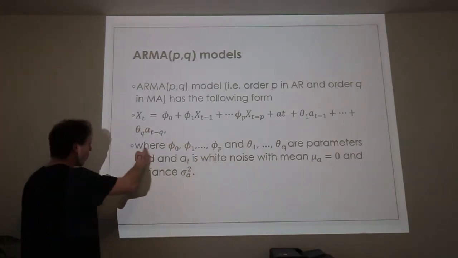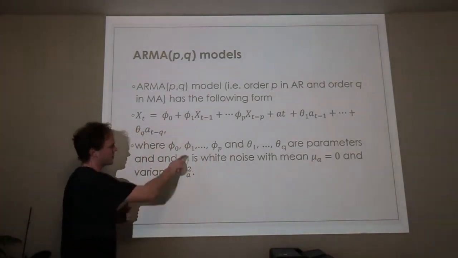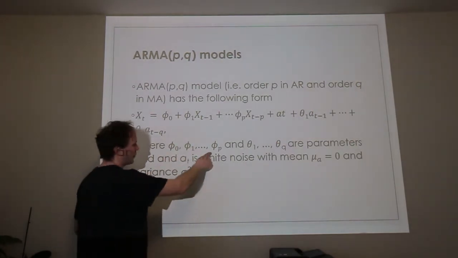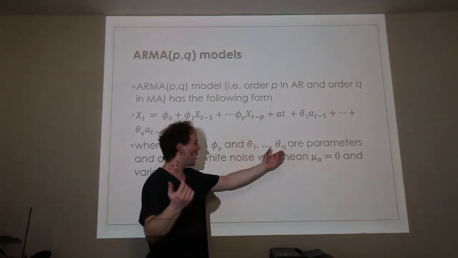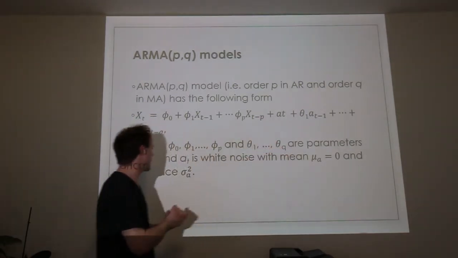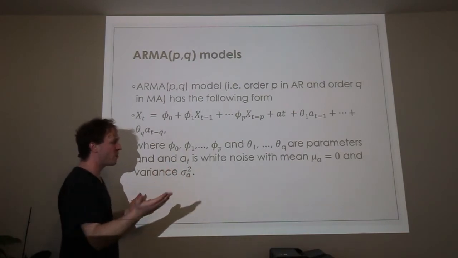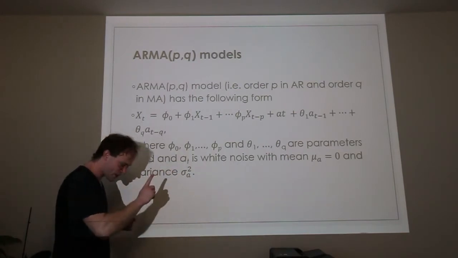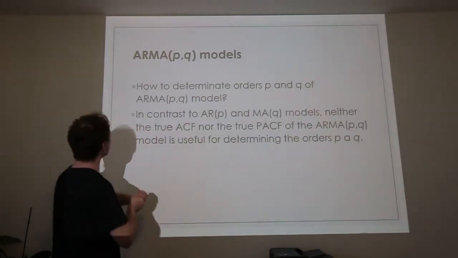I already said that phi 0 is the intercept, phi 1, phi 2 until phi p are parameters, theta 1, theta 2 until theta q are parameters. a t is white noise with zero mean and constant and finite variance.